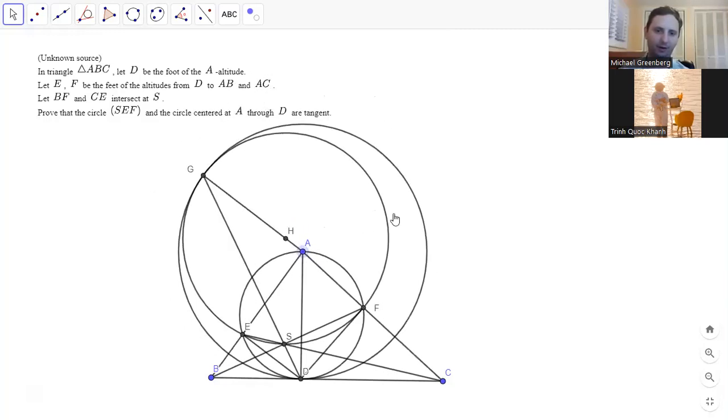Interesting. The center of this circle, it looks like it lies on AG. Oh, but that's obvious. Well, because these are tangent. Yeah, I think it's obvious. If the problem's true, it's obvious. Otherwise, it's not really.